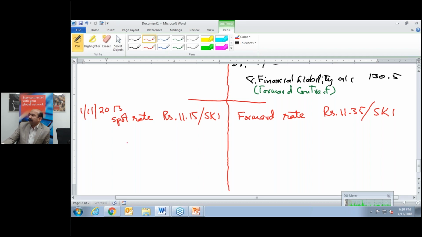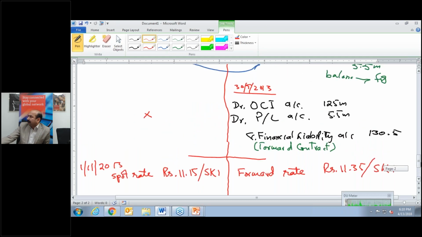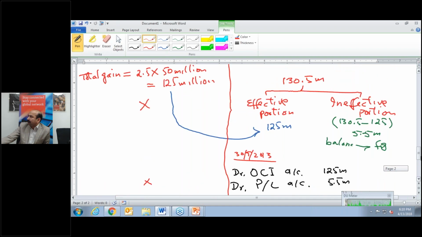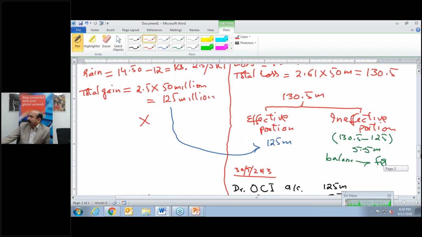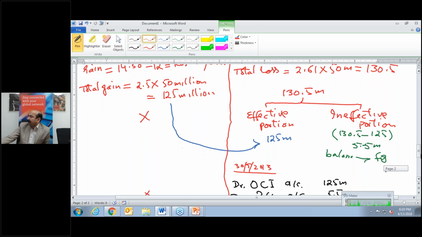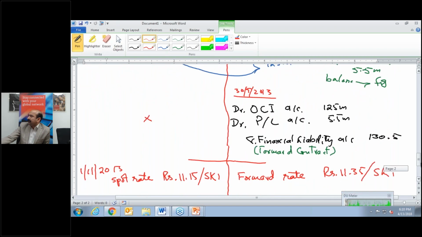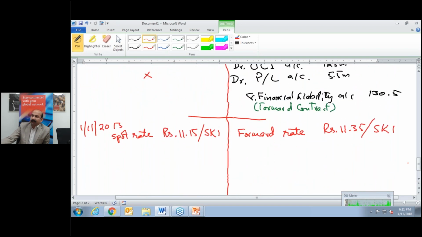Okay, again we shall calculate gain or loss. Again we can see that on 30th September the rate was 12 and this rate is further reduced.